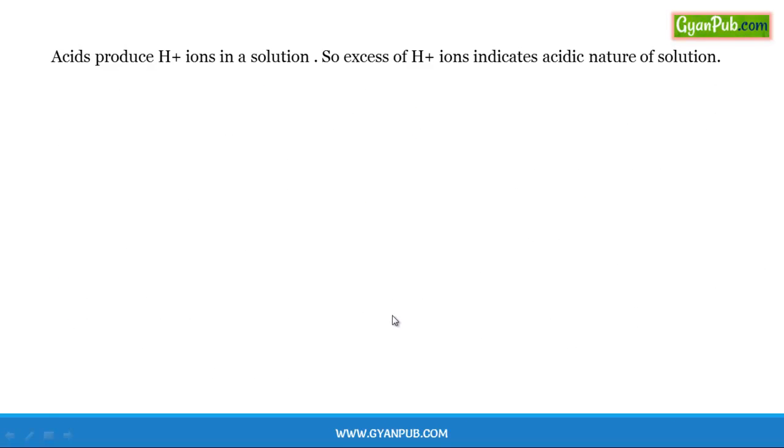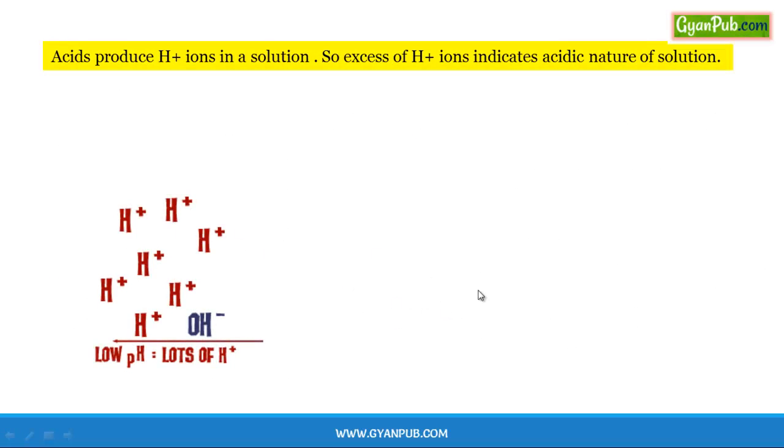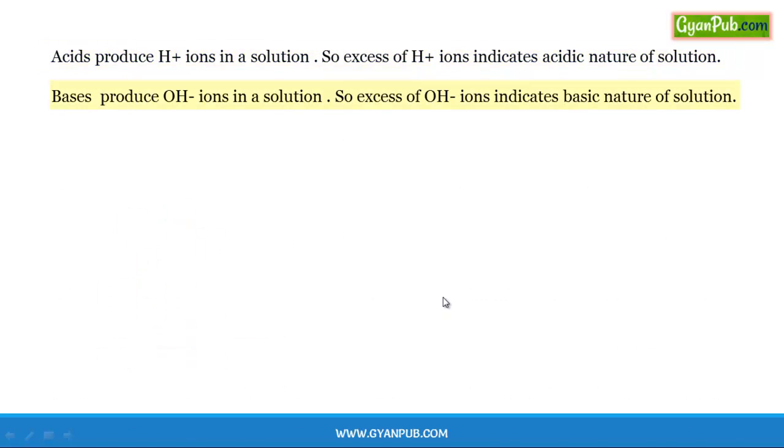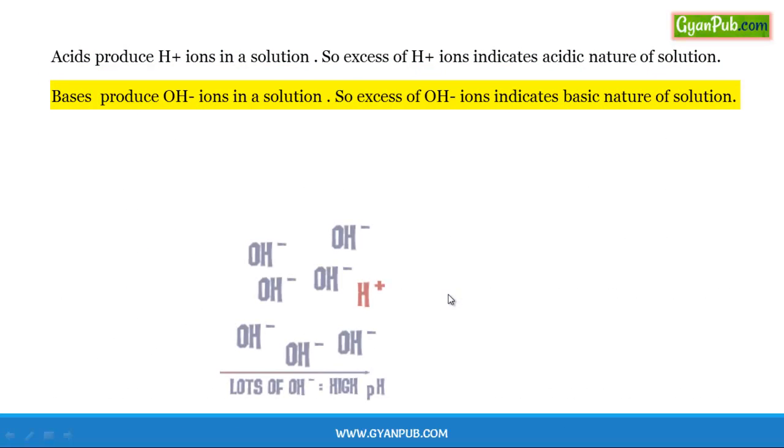Acids produce H+ ions in a solution. So an excess of H+ ions indicates the acidic nature of a solution, and an excess of OH- ions indicates the basic nature of a solution, as bases produce OH- ions in solution.